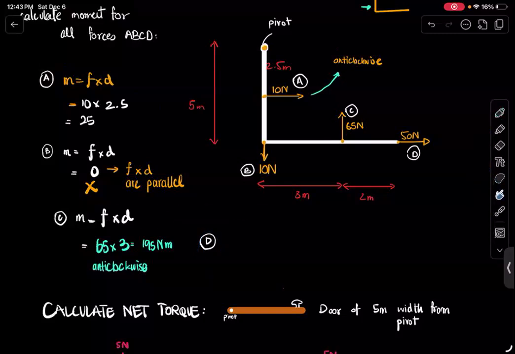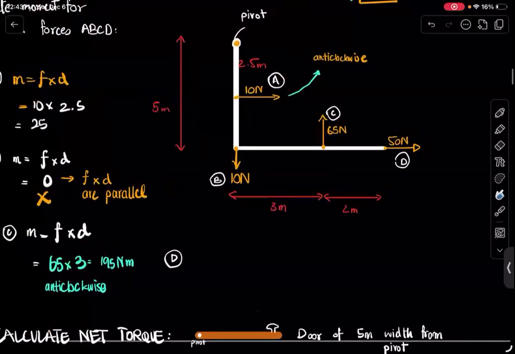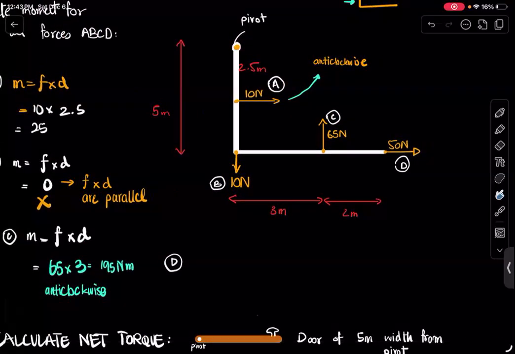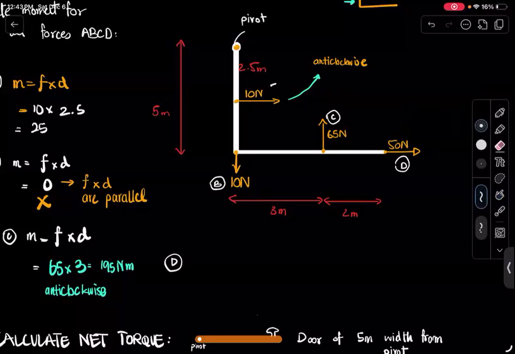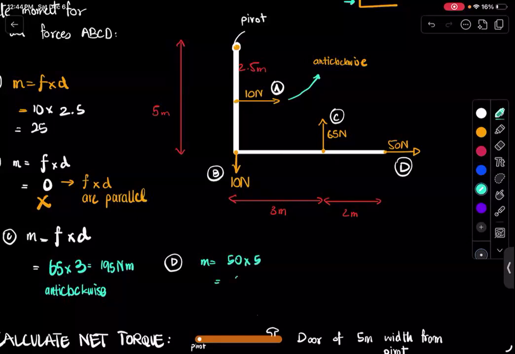What is going to be the moment due to force D? What is it going to be this time? Yes, Abhiya. We just times 50 and 5? Yep, that's right. Moment is equal to 50 times 5, which is 250 Newton meters.